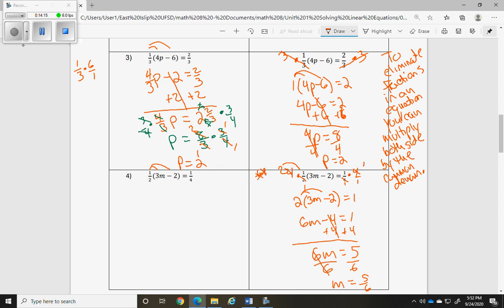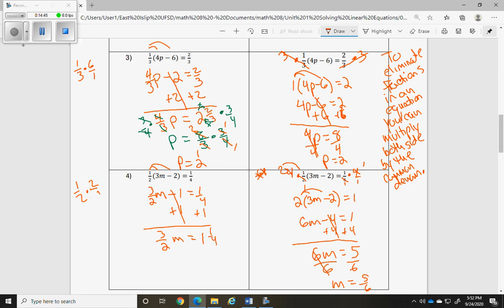And we'll see. So this 1/2 times 3 is 3 over 2m. 1/2 times 2 is really 1. And that equals 1/4. So now I have to add 1 to both sides, and I have 3 over 2m equals 1 and 1/4.